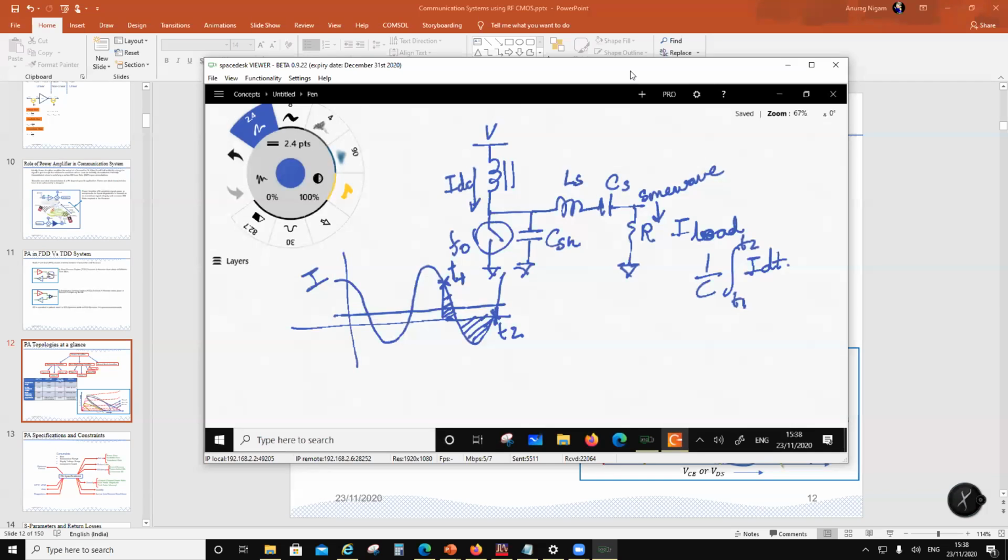Now the net voltage will be the integration of this curve, which is shaded, and is going to be like this. Correct? So this will be the voltage across the switch capacitor combination. And the switch is open, so the current through the switch is 0.